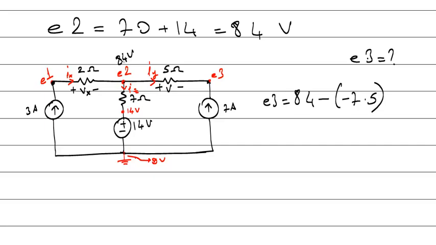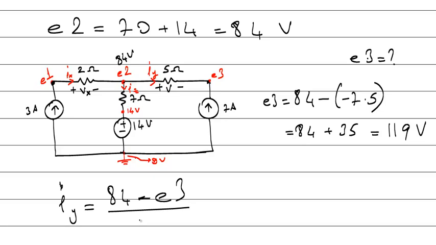E3 is equal to this voltage minus that voltage. So what's equal to? Okay, E3. Right. Or you can say Iy is equal to positive side minus negative side divided by resistance. Okay? From here, you can reach that equation.